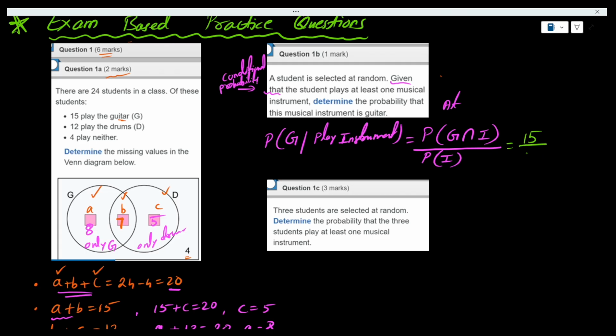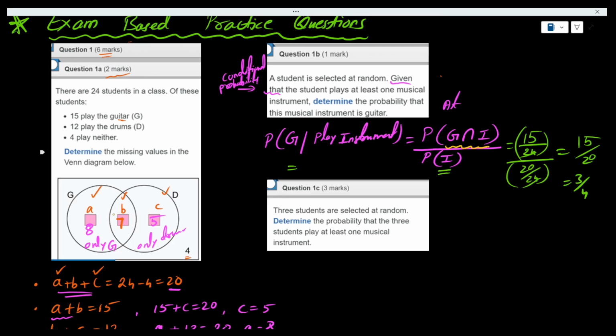You need to choose out of those who are playing an instrument. In probability form, 15 by 24 divided by playing an instrument, which is 20 by 24. The 24 gets cancelled and you are left with 15 by 20, which is 3/4. Or what you can do, you can remember this directly as you just take the intersection of these two.